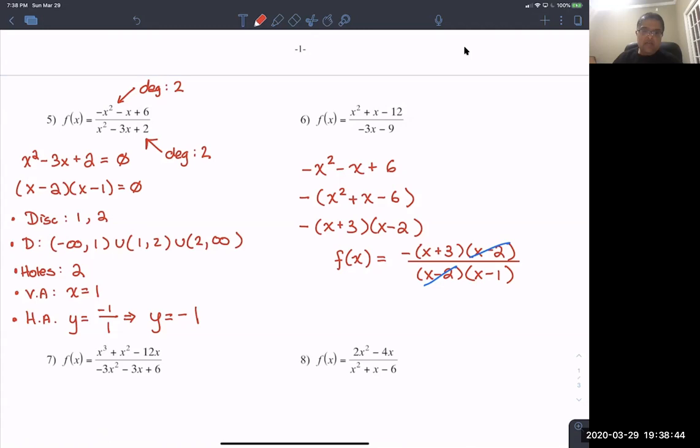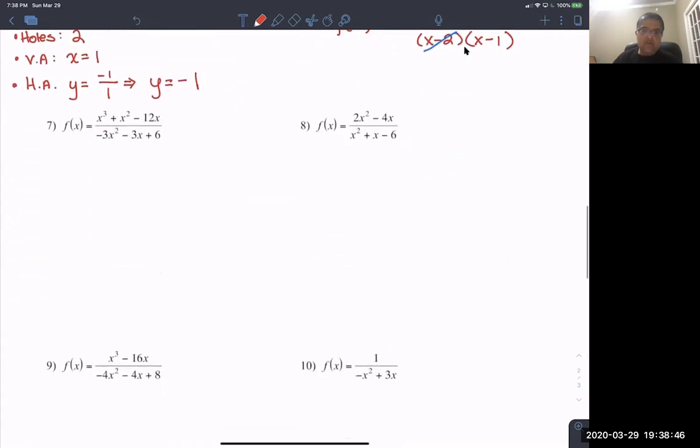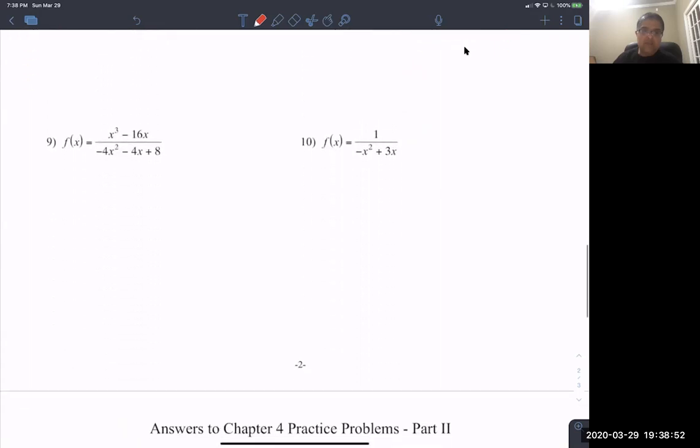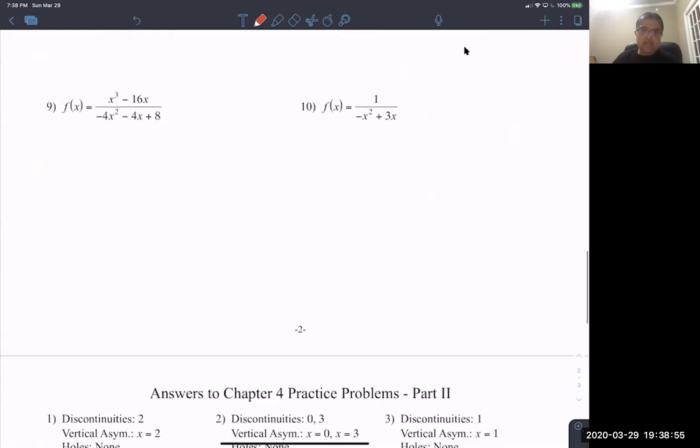All right, let's do something a little bit more involved. Let's do number 9. Okay. So the first thing I'm going to do again is set my denominator equal to 0 and solve.